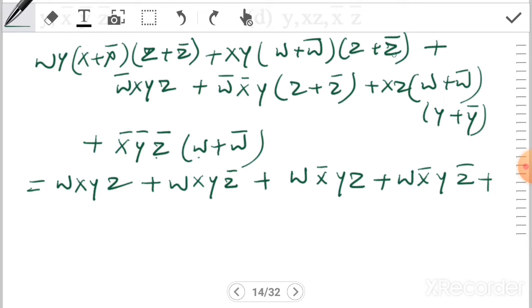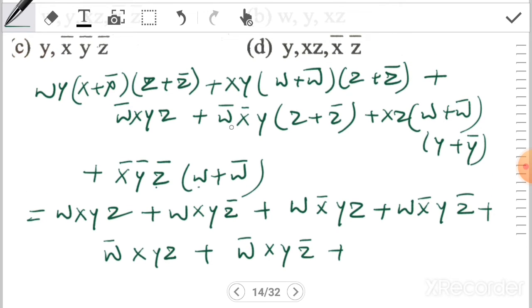So xy wz complement, okay, xy wz complement, which is again redundant, so leave that. xy w complement z, xy w complement z complement, again w complement x y z, so which is present, so leave that.